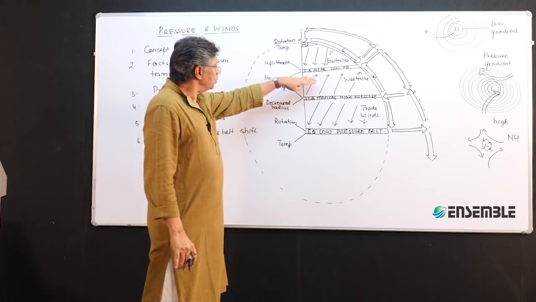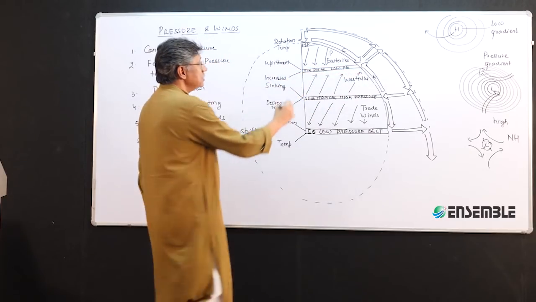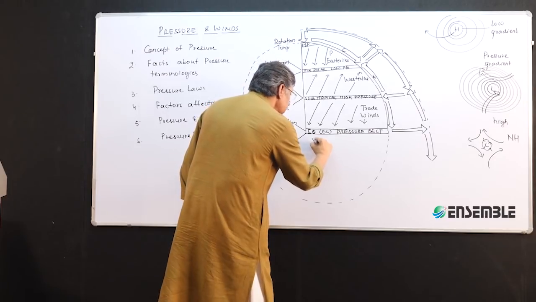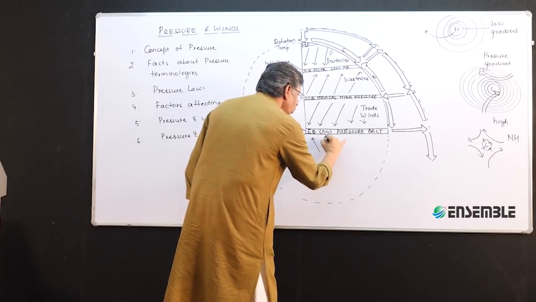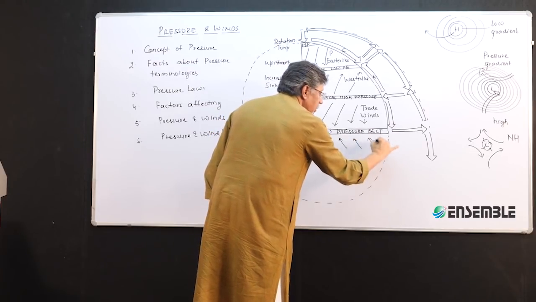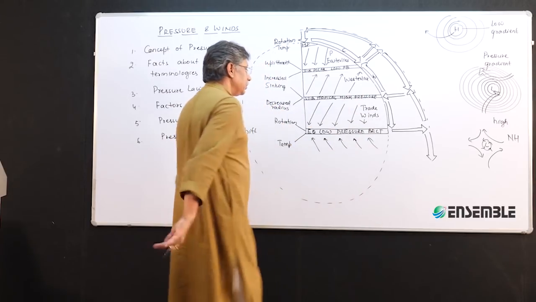Now, in this case, as you will find, the subpolar low pressure belt is a convergence zone, and so is the equatorial low pressure belt. That is also a convergence zone of the air coming from these directions, that is from the southern hemisphere.